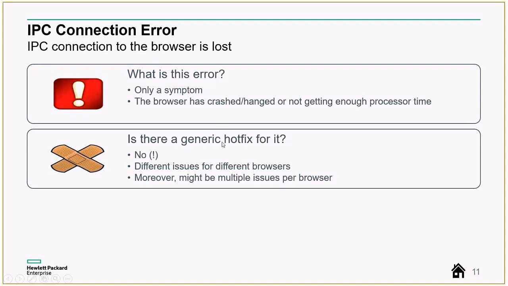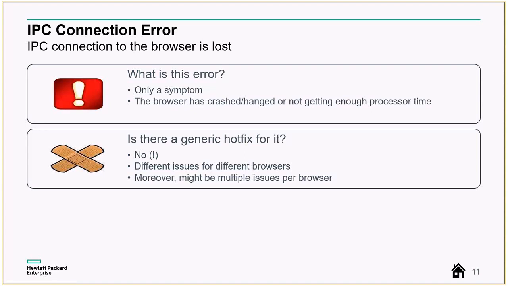So I've seen many cases where people ask questions in forums: I get an IPC connection error, I want a hotfix. And sometimes they try to apply a hotfix which is not relevant to their problem. You need to understand that there is no generic hotfix for it. There can be many different cases where the browser, for some reason, crashed.